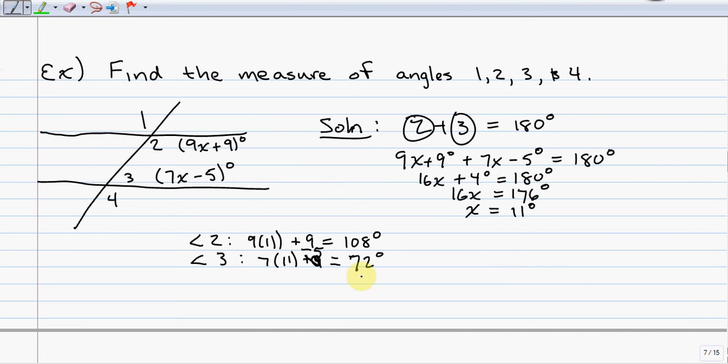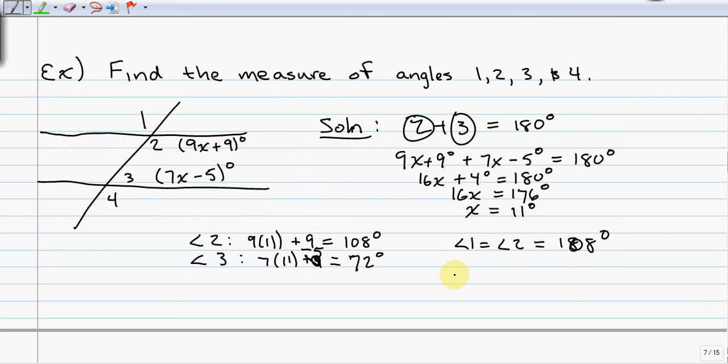And then we have to use our other geometrical facts to figure out angle 1 and angle 4. Angle 1 and 2 are vertical angles, so they're equal to each other. So angle 1 is also 108 degrees.